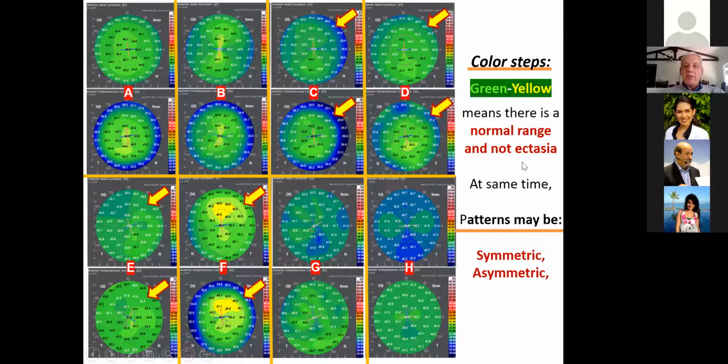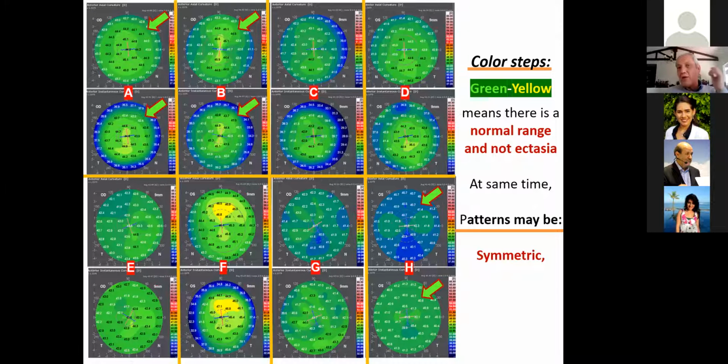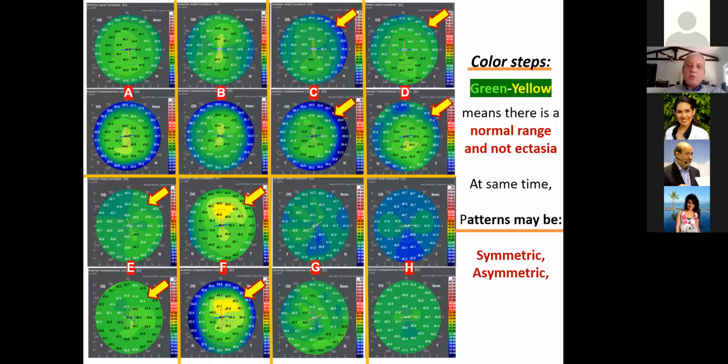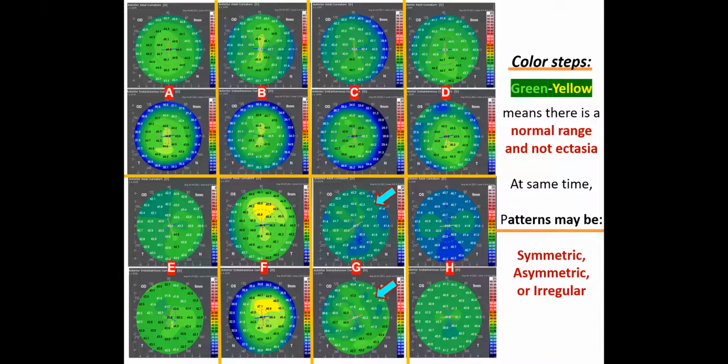If the pattern is symmetric, here in green arrows, asymmetric in yellow arrows, or irregular in light blue arrows. So we have to join not only the color, but also the pattern we are observing to understand what happened in that surface.